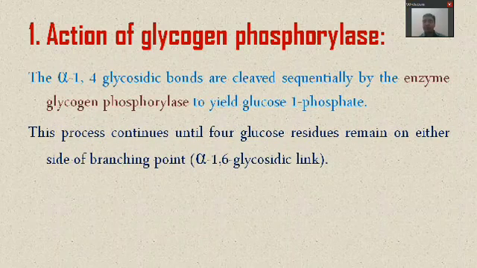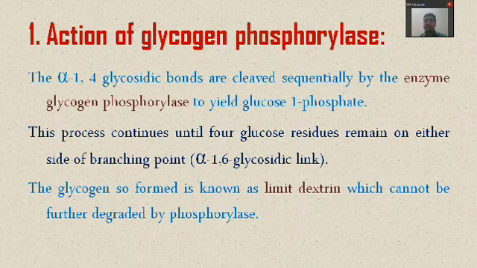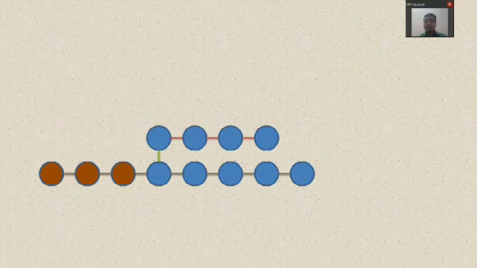This process continues up to the formation of limit dextrin. Limit dextrin is a structure like this: the glucose molecule with the alpha 1,6 glycosidic bond has four glucose residues on either side, four glucose residues in the upper row and four in the lower row. It is a representative diagram.